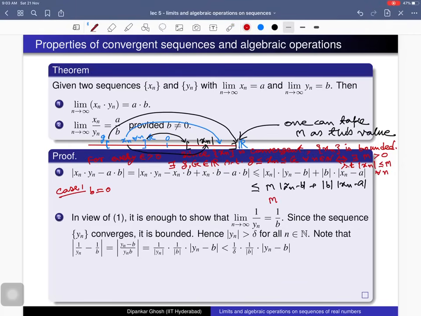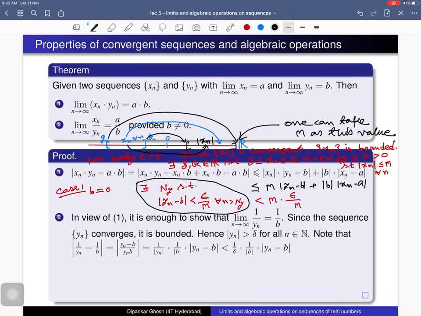We consider m times epsilon by m, which is epsilon, and in that case there exists n sub y such that the distance between yn and b is less than epsilon by m for all n beyond this natural number.